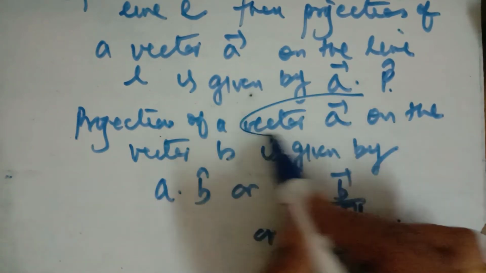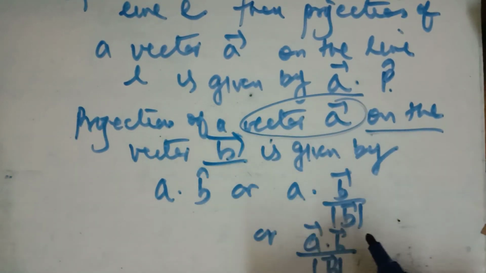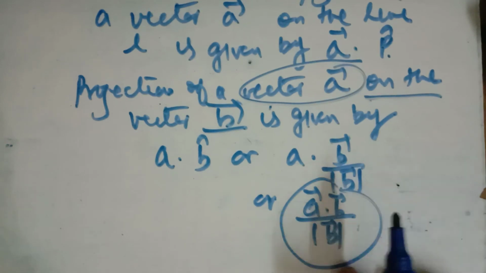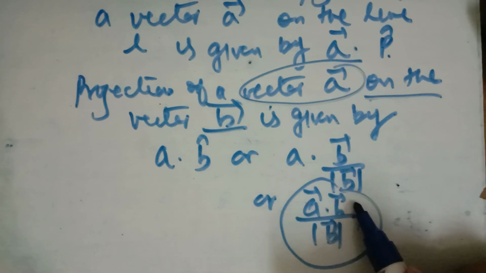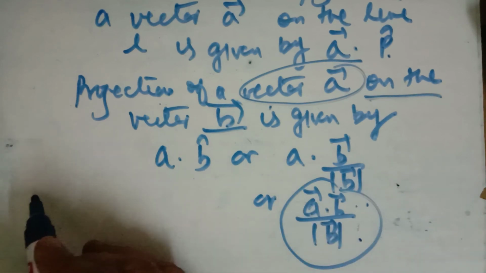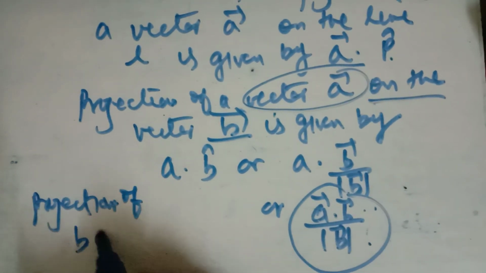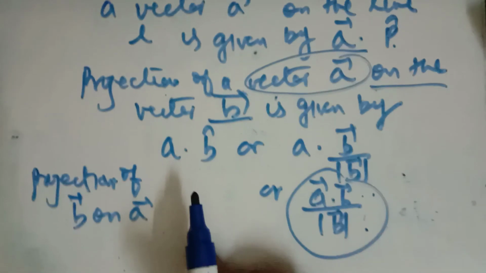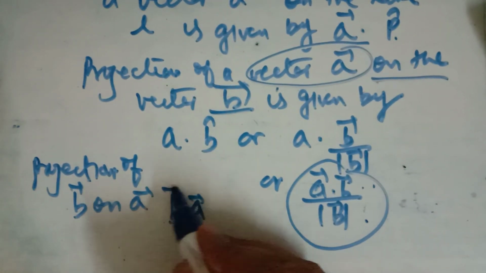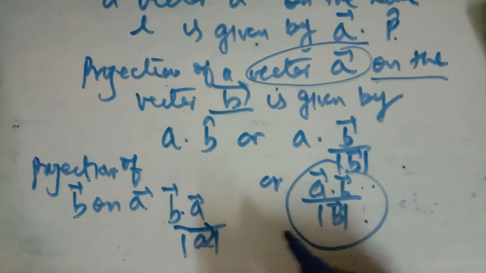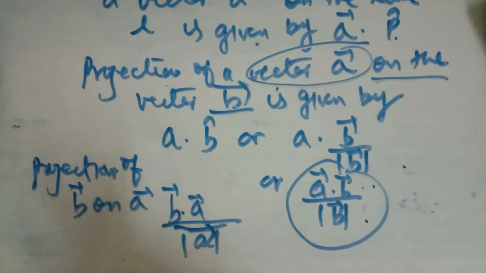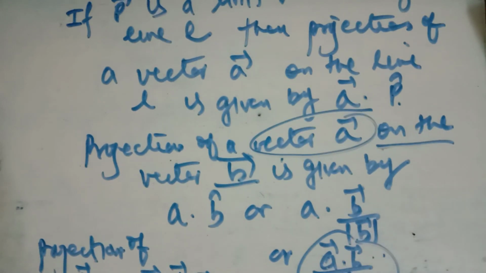So the projection of vector A on vector B is A dot B divided by the modulus of vector B. If we have to find the projection of B on A, if I take it opposite, then it will be B dot A divided by the modulus of the vector A. So this is the meaning of the projection of the vector.